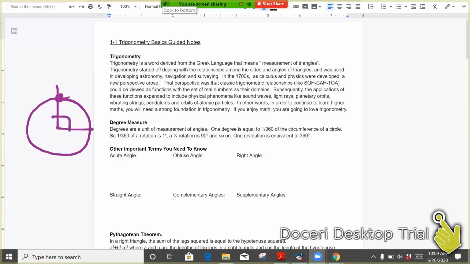And it's actually kind of interesting, it's kind of arbitrary that there's 360 degrees in a circle. The reason why that was picked is because we used to have a base 60 number system. And also it's divisible by a lot of numbers. 360 is divisible by 2, 3, 4, 5, 6, 8, and so on and so forth.